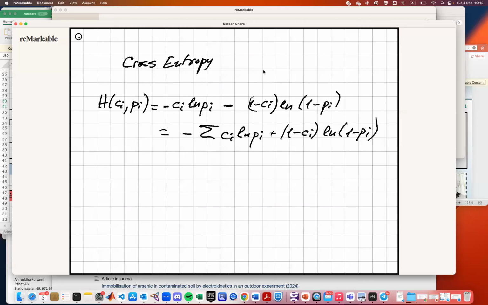So this is our measure. When computing this, it tells us how well our outcome Pi corresponds to the desired outcome, which is Ci. And now I should stop.